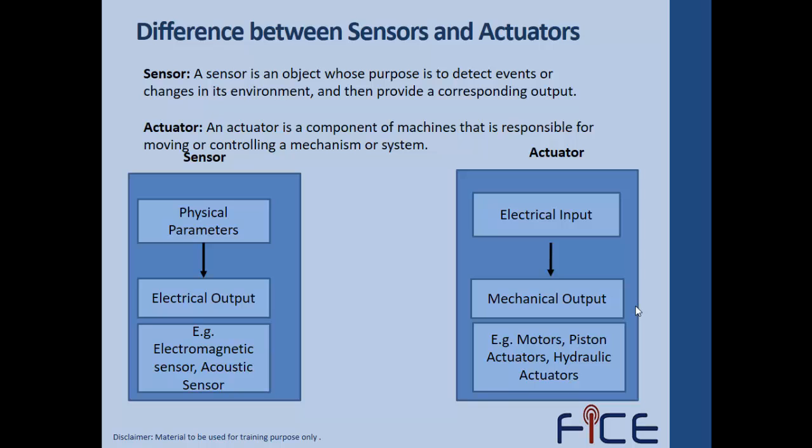The hydraulic actuator consists of a fluid motor that uses hydraulic power to facilitate mechanical operations, and a pneumatic actuator converts energy formed by vacuum or compressed air at high pressure into rotary motion. So we get to know that the output of an actuator is always a mechanical motion.